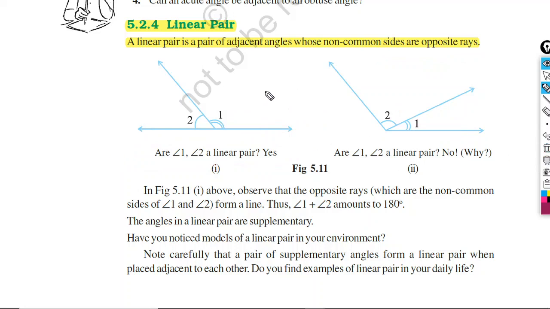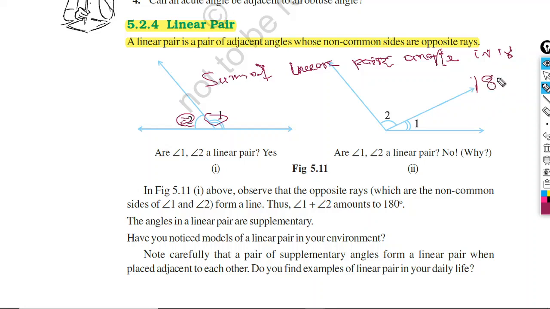Okay. So basically linear pair means a straight line will be there and two angles will be there like this. Okay. We can call these two angles a linear pair. And another thing you must remember is that the sum of the linear pair angles is 180 degrees.